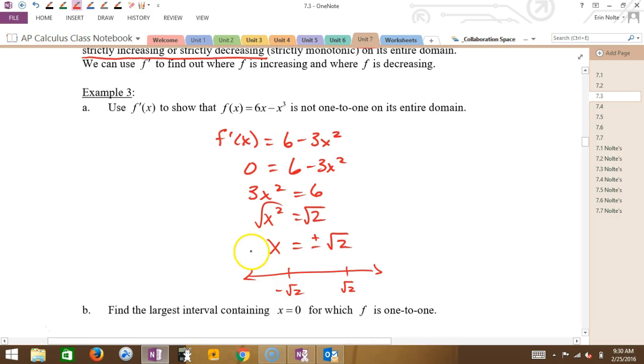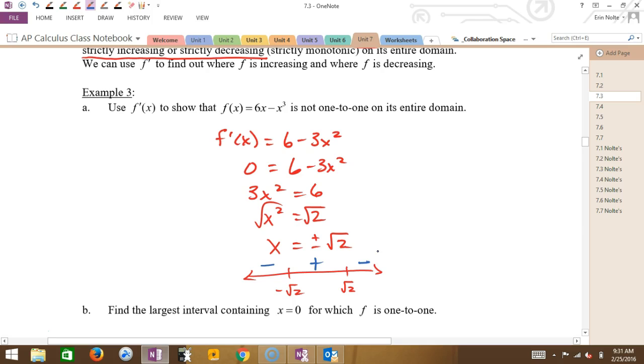A negative. If I plug in 0, what would I get? Positive. Uh-oh. Definitely not one-to-one. We could even stop right there and say, if we are going from negative to a positive, that's an extrema.